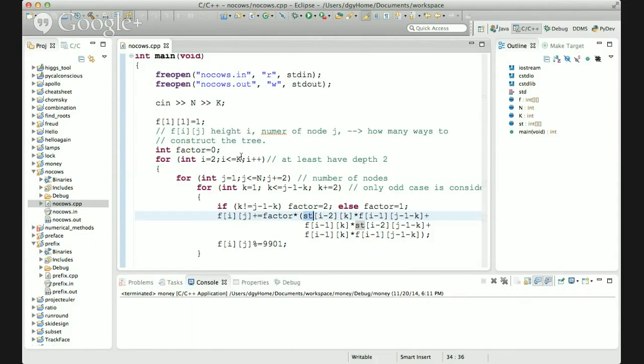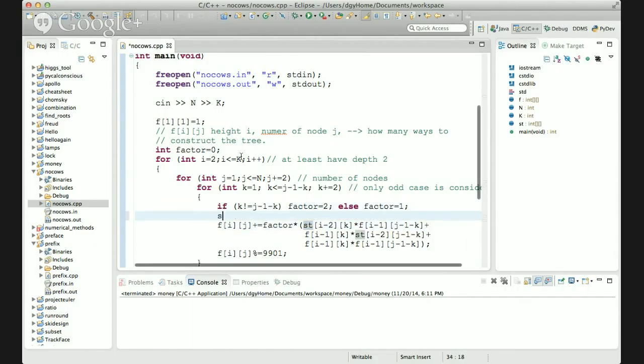Subtree ik, maybe I should use n and m, means I have a substructure telling me how many combinations I can find from height n with node m.